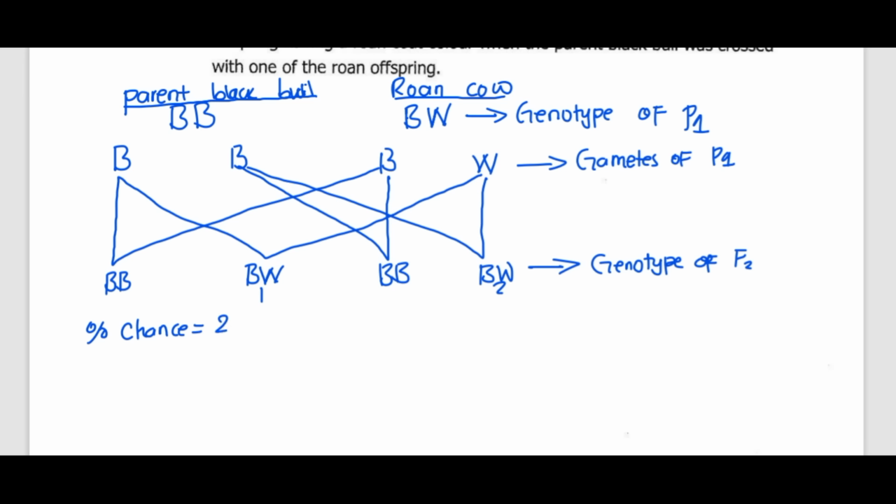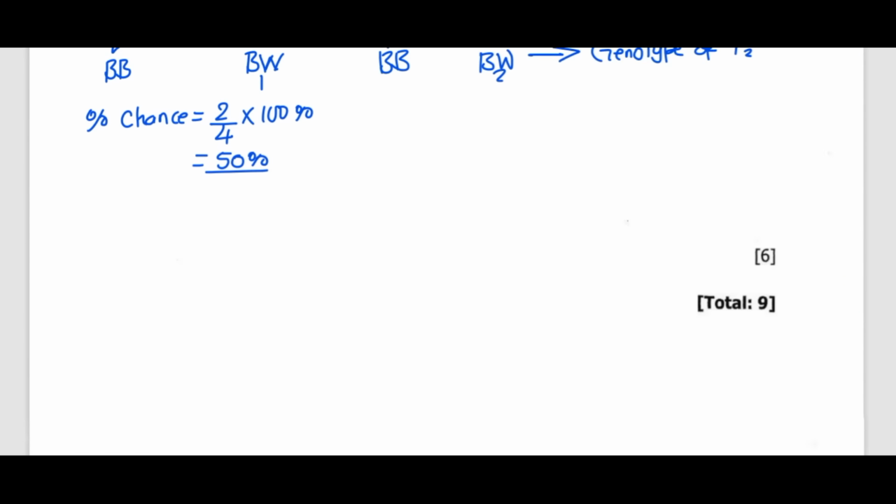So there is 2 over 4 times 100%. So if we do the math, we are going to say that for every fertilization, there was a 50% chance to have an offspring with a roan coat color.